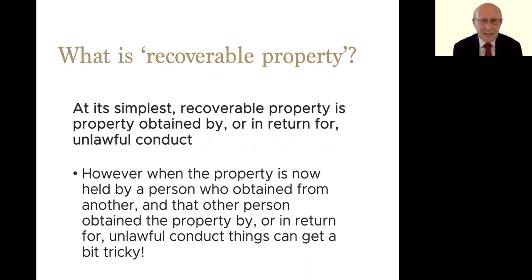And there are cases where it remains recoverable property because of the relationship between the people who have passed it to one another. So all I can say is it's not necessarily the case that the unlawful conduct that we're talking about is unlawful conduct of the person who currently holds the bank balance.